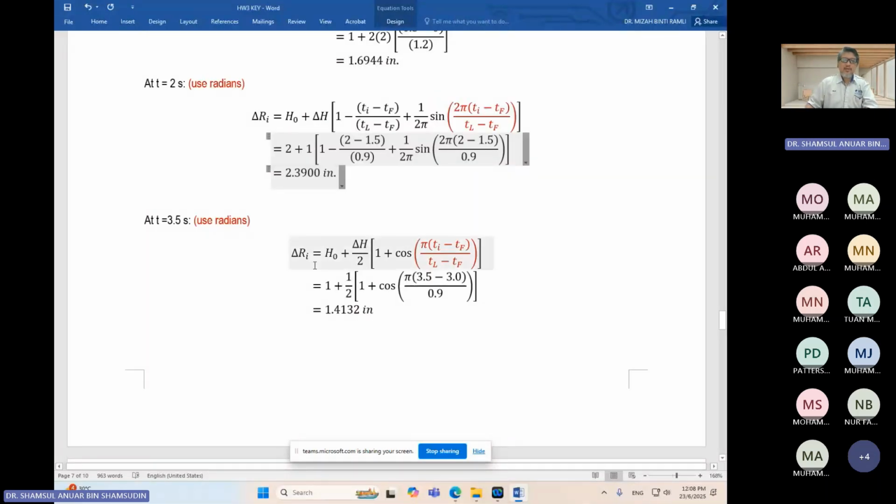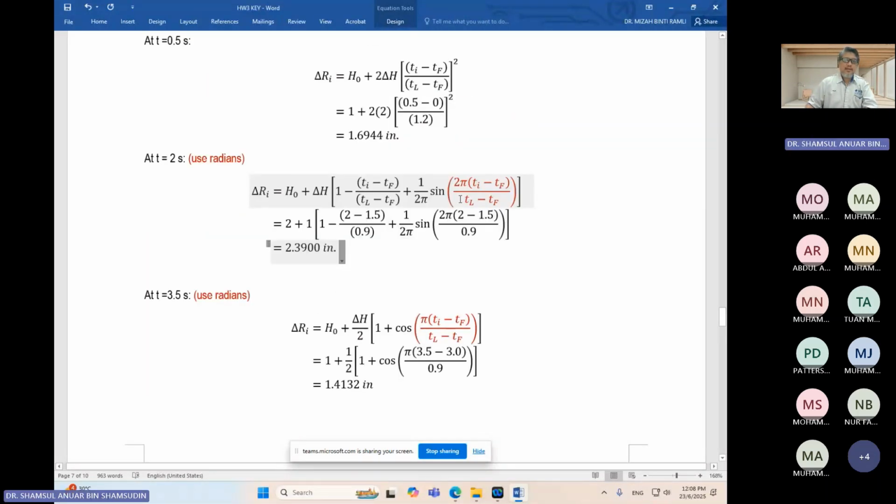If you set it in degrees, I guess it's going to be wrong. If you want to do it in degrees, you do not have to use this 2 pi. 2 pi must be omitted. So a little bit of modification needs to be done if you want to work in degrees.